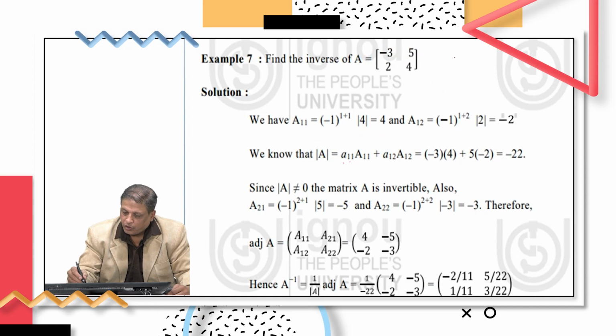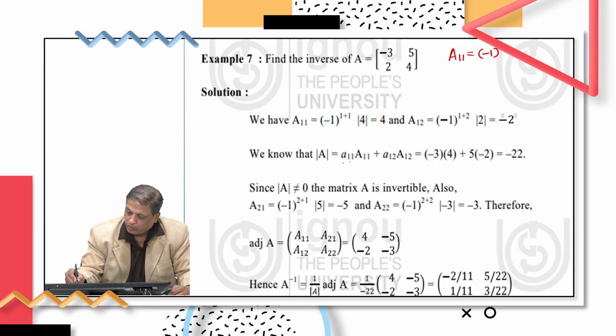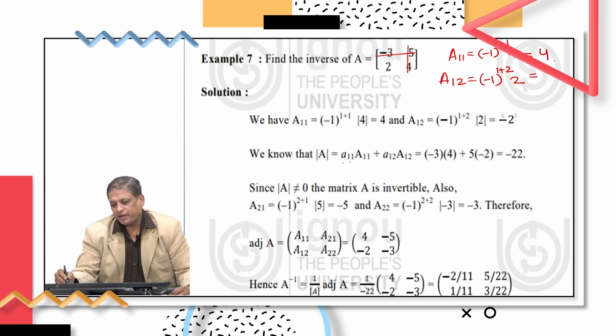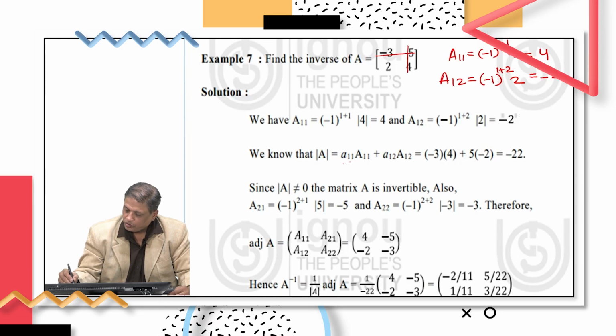So what will be A11? A11 will be equal to minus 1 to the power 1 plus 1, and the remaining element is 4. A12 will be minus 1 to the power 1 plus 2 into 2. So capital A11 will be equal to 4 and capital A12 will be equal to minus 2. The determinant value will be equal to A11 into cofactor A11 plus A12 into cofactor A12.